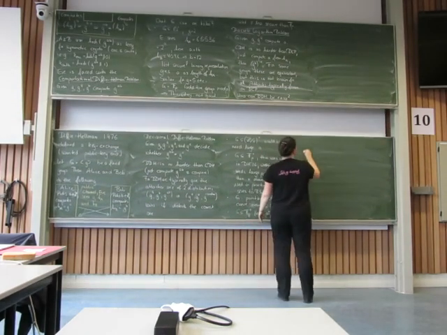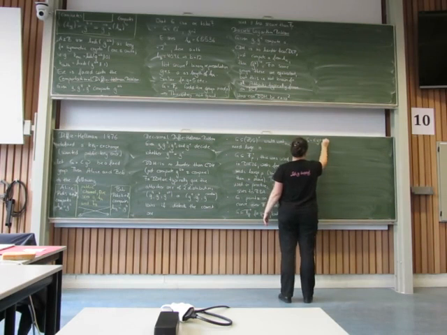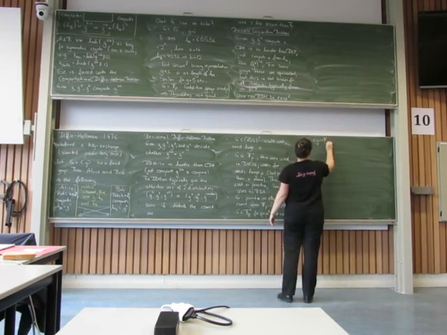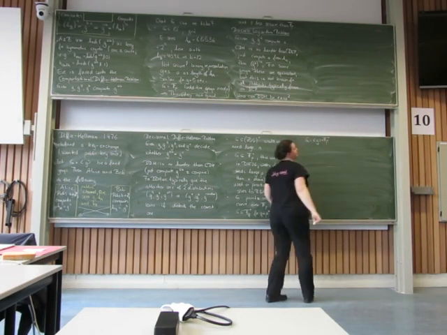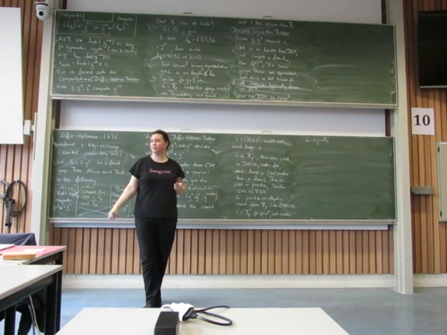Assume that we have chosen our group G as being the entirety of F_p star. So we have some element which generates the whole multiplicative group.